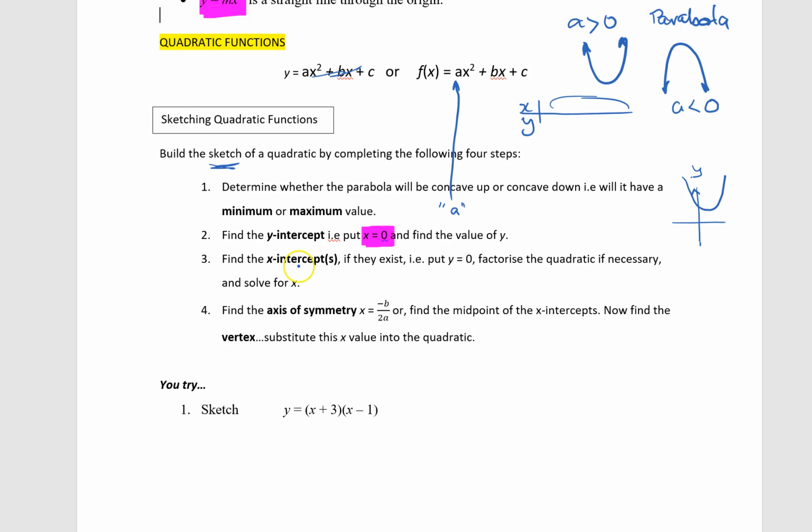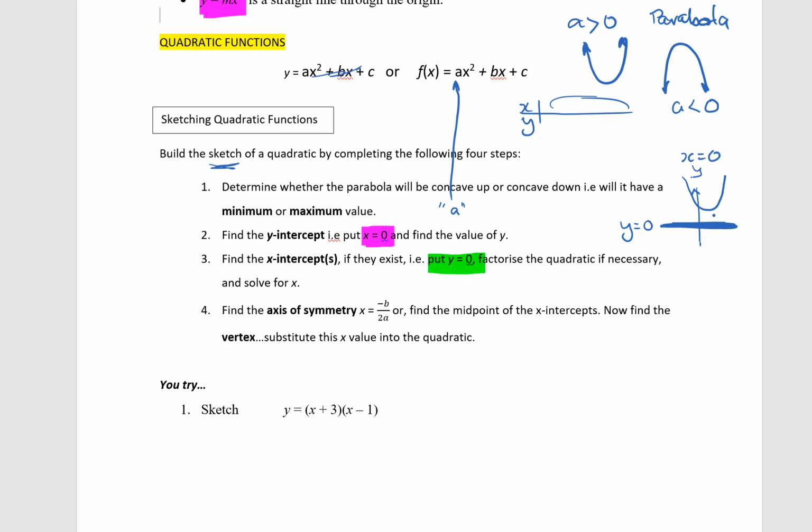But what we know is that if there are x-intercepts, then they will occur along the x-axis, and along the x-axis y is equal to naught. Along the x-axis y is equal to naught, along the y-axis x was equal to naught. These are automatic things that you need to be recalling, having access to, so that you can build this picture of the graph.